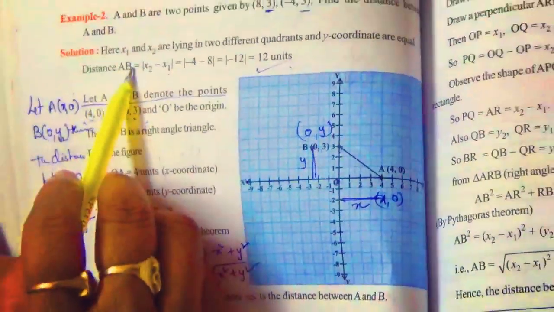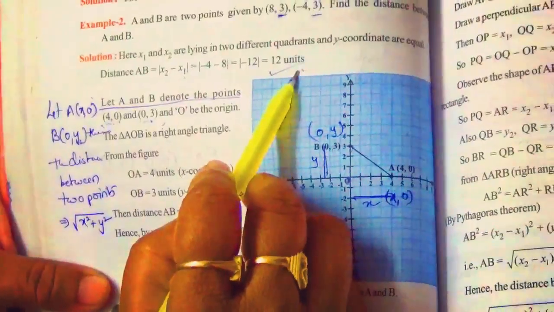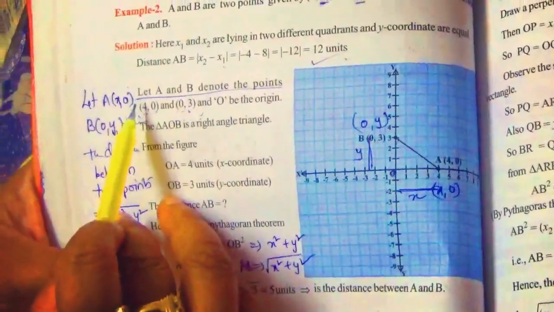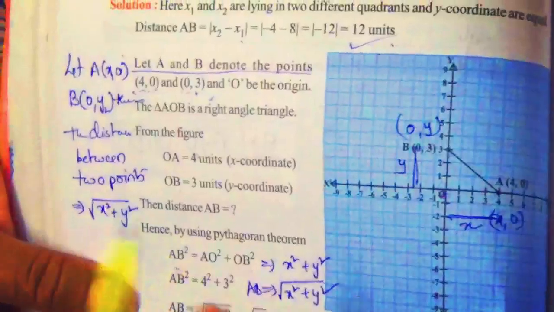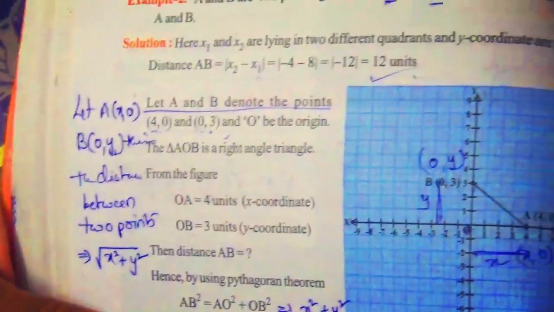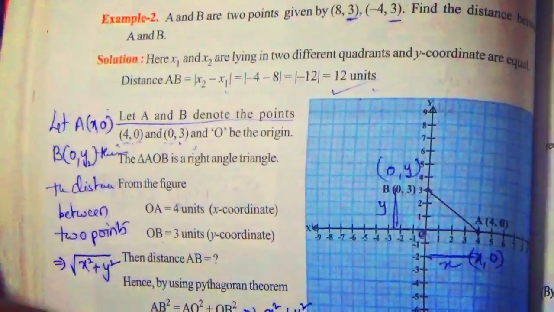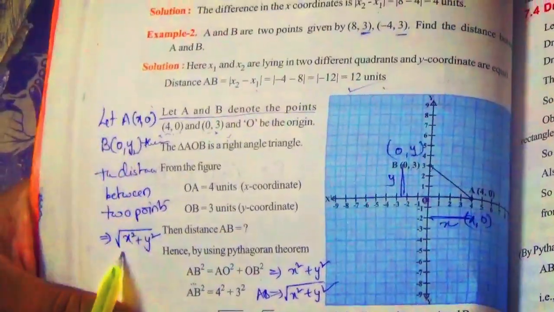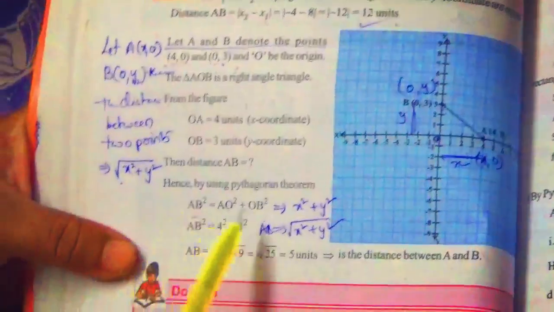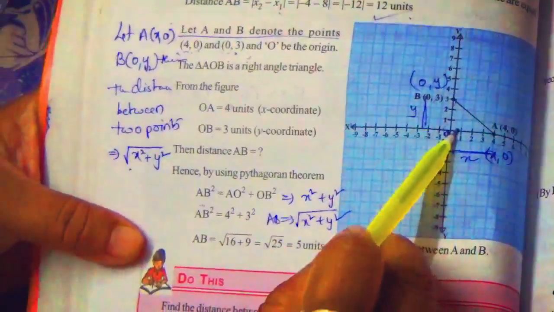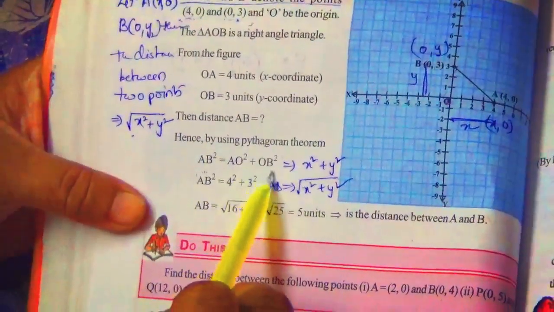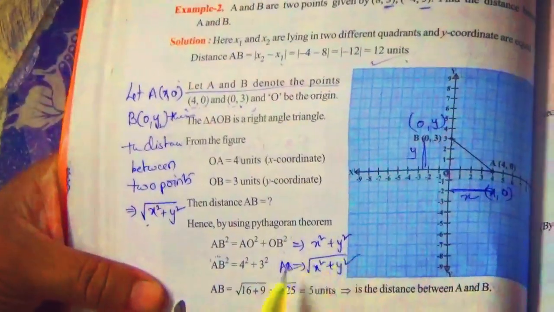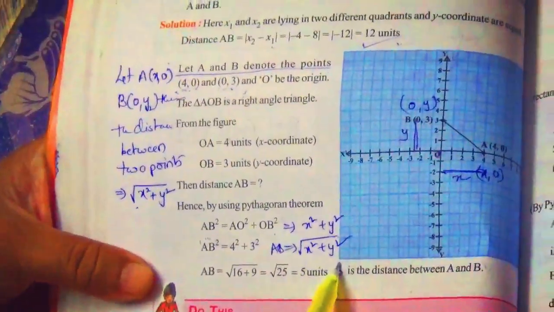Keep the heading: the distance between any 2 points where the first point has y coordinate 0 and the second point has x coordinate 0, then the distance formula is like this. Take the Pythagoras theorem from the figure: AB square is equal to OA square plus OB square, that is equal to x square plus y square. AB is equal to the square root of x square plus y square.